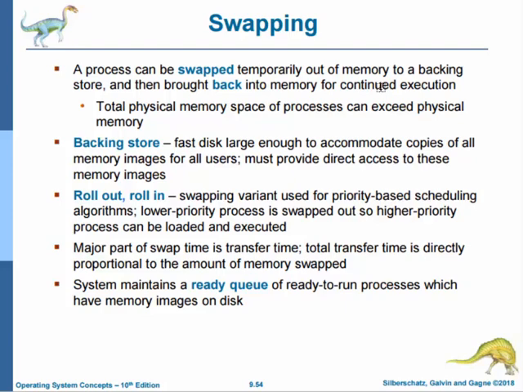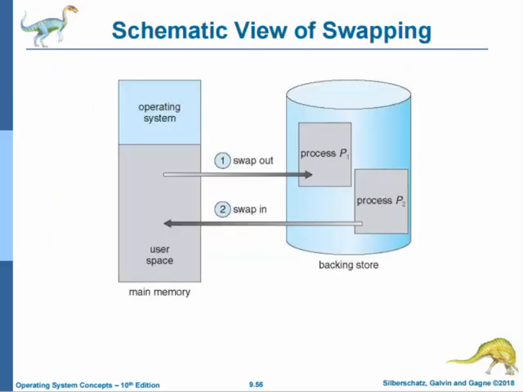I think this is the figure wherein the swapping in and swapping out happens. Swapping makes it possible for the total physical address space of all processes to exceed the real physical memory of the system, so it increases the degree of multiprogramming in a system.